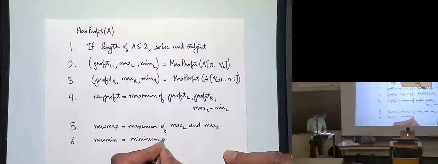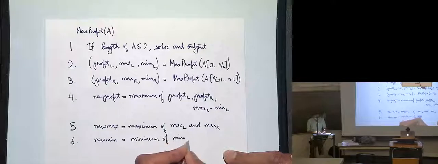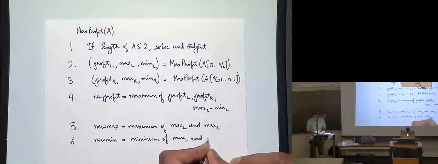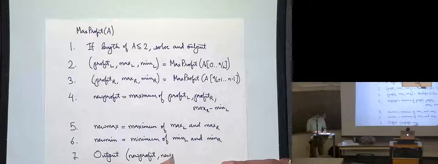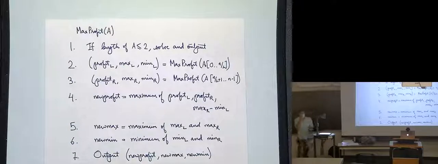It is the minimum of min L and min R. And then you just output the tuple: the new profit, the new max, the new min. Right? Quite clever.